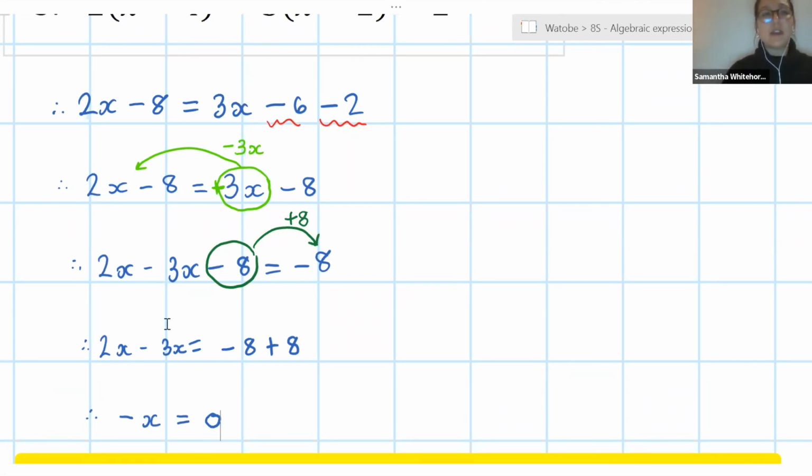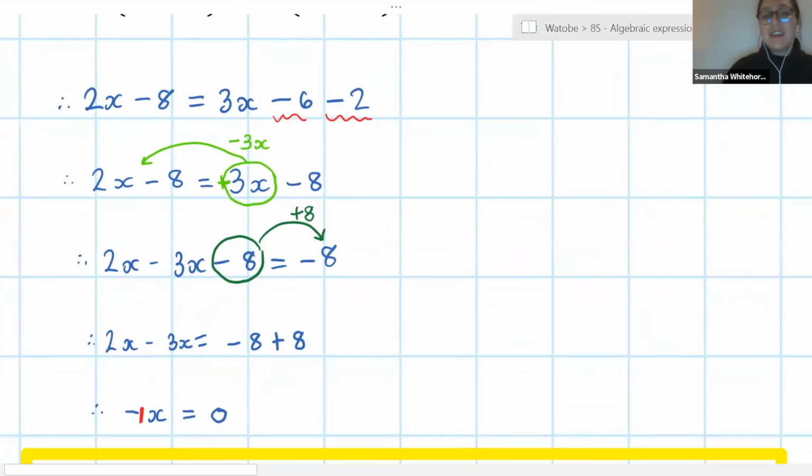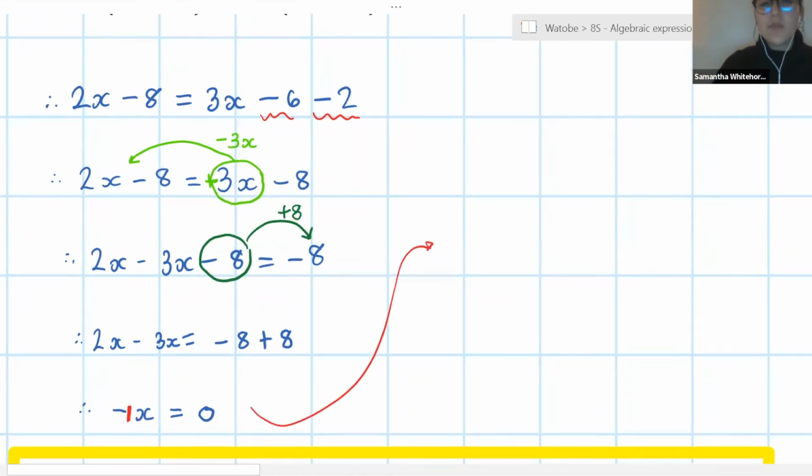So what that has resulted in is, even with that -1 coefficient in front of the x, if I have to get an answer of 0, x has to be 0. If you're not quite sure why, I'm just going to go up here because I don't have space. We've got essentially -1x is equal to 0.